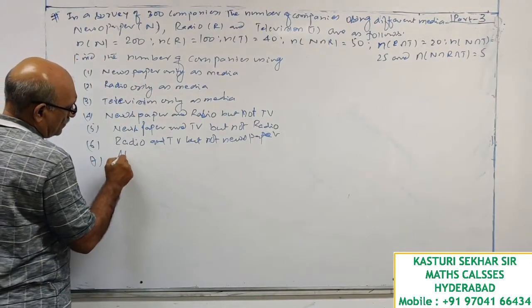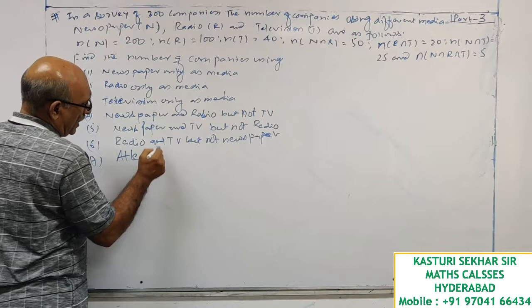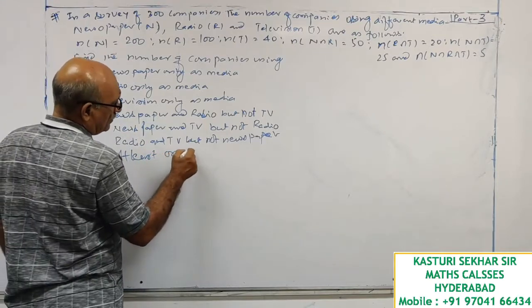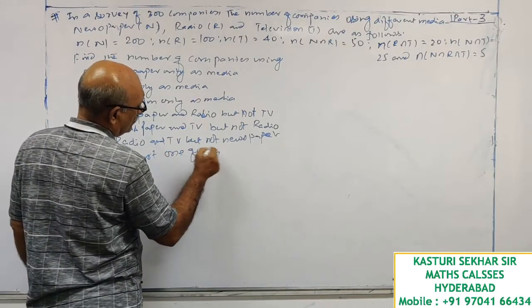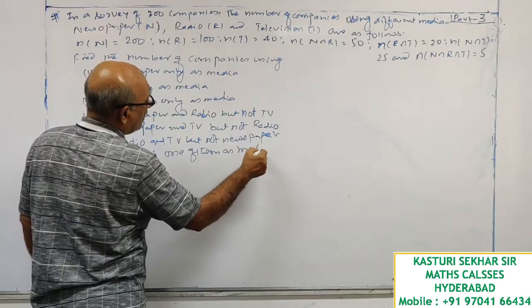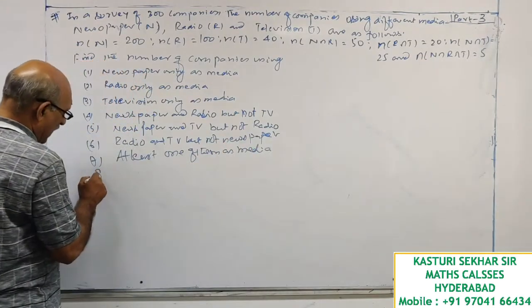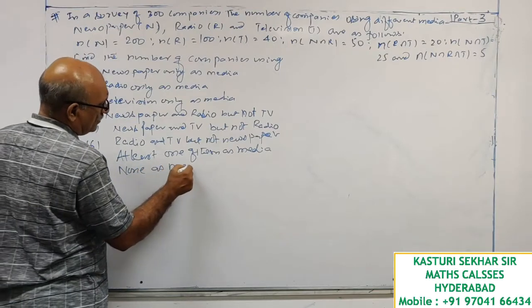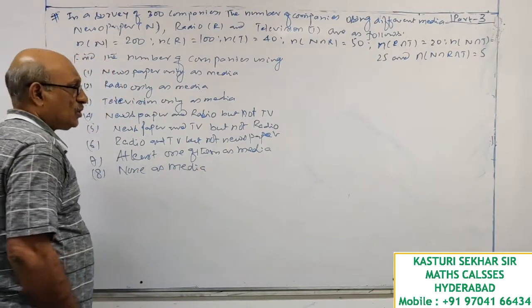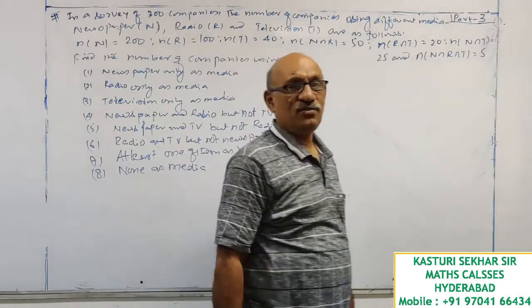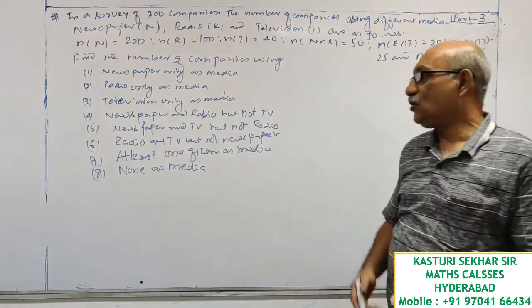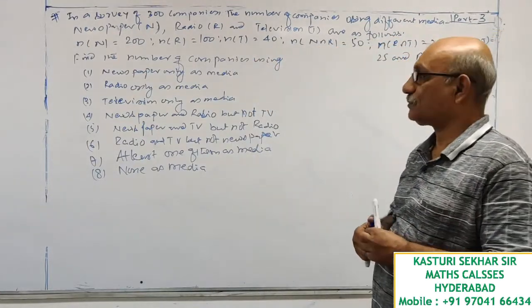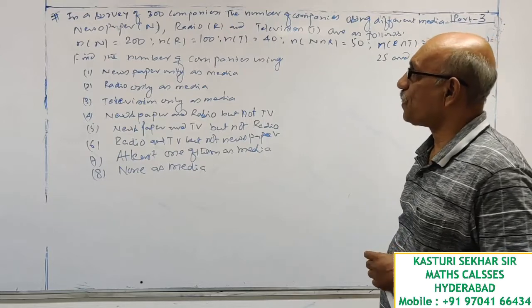Seventh one, at least one of them as media. Eighth one, none as media. So these are the maximum possibilities we have. 9 numerical problems we have.